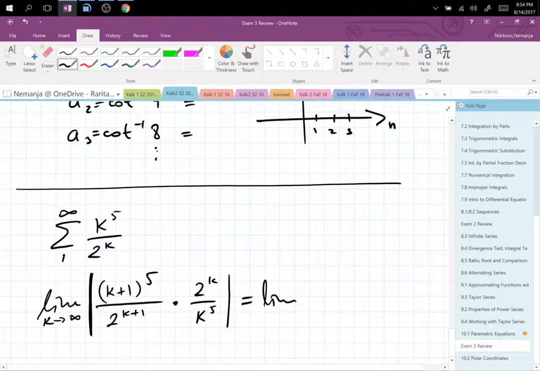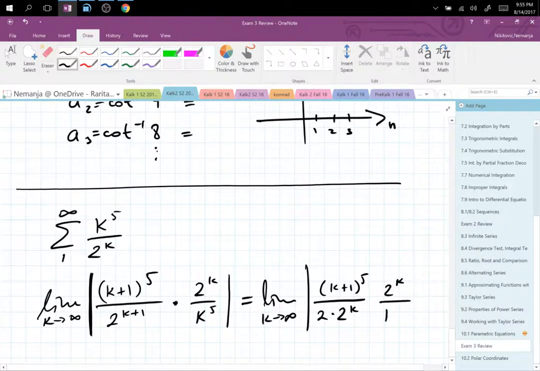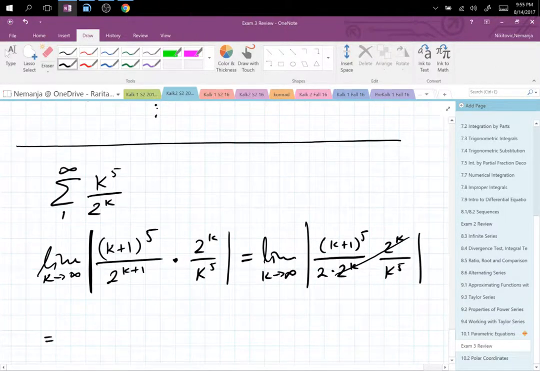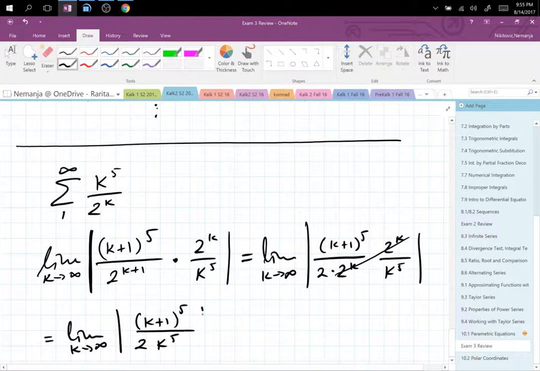When you peel off a 2 in the denominator, you get 2 to the k, which cancels the 2 to the k in the numerator. That works out to the limit as k goes to infinity of the absolute value of (k plus 1) to the 5th over 2 times k to the 5th.